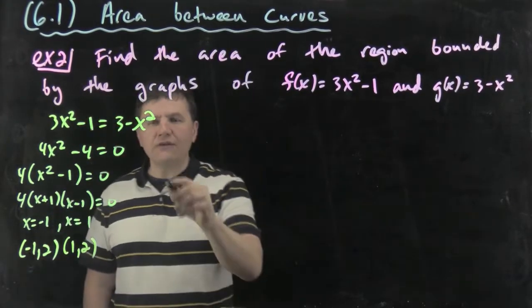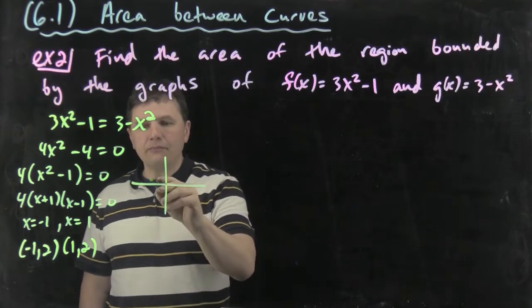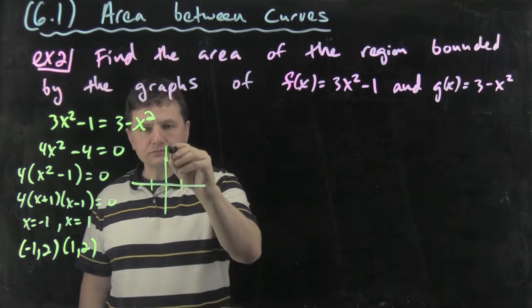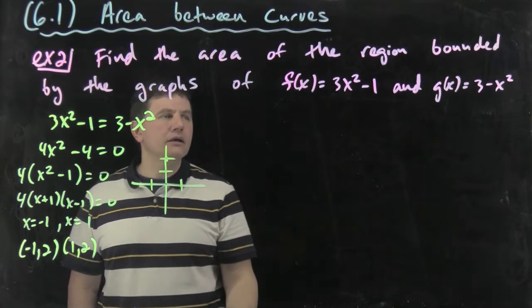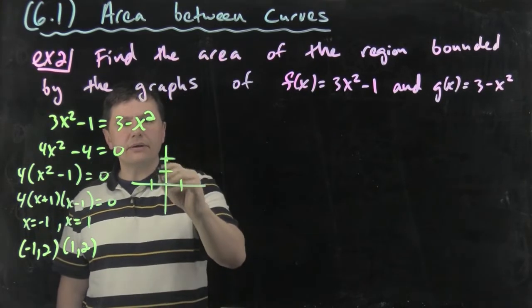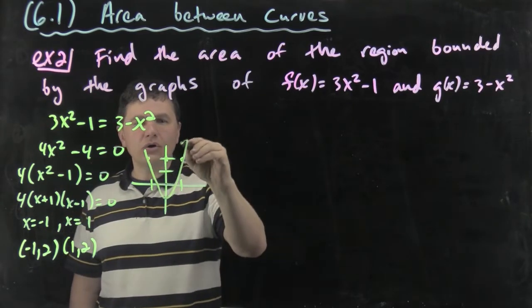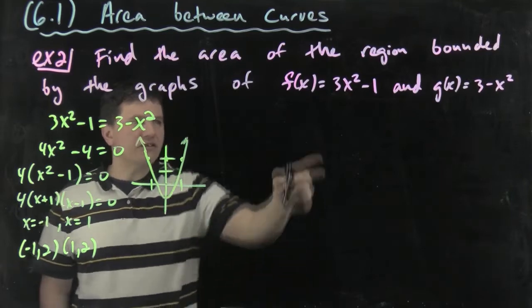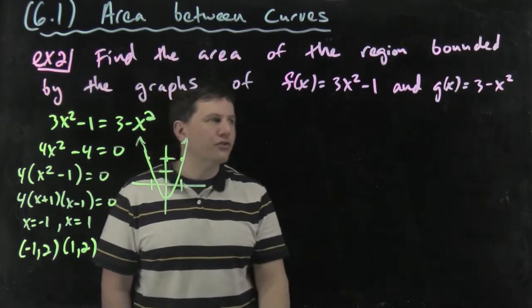So really, if I just start with those points, I'm going to do a little graph right here. So I've got -1, 2 and 1, 2. I've got a parabola that opens up and goes through those points. I do not care at all about what its y-intercept is or where it crosses the x-axis. None of that matters for this question.